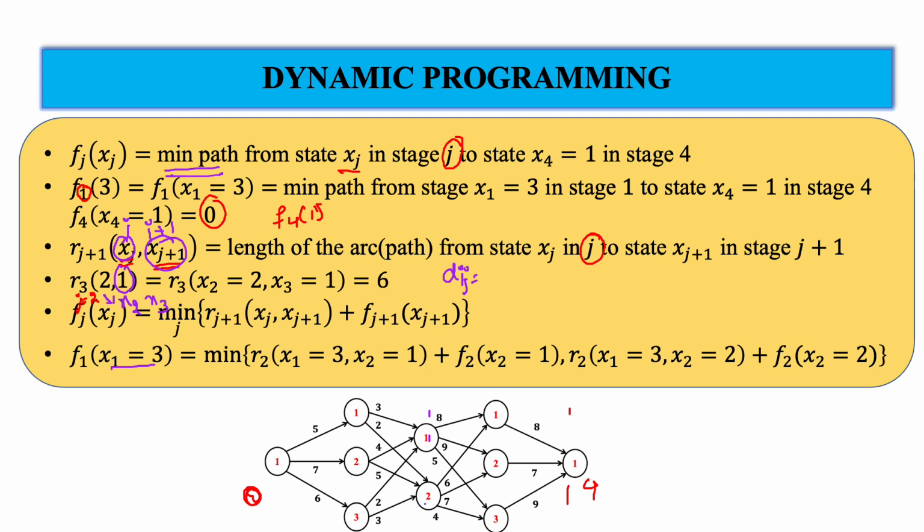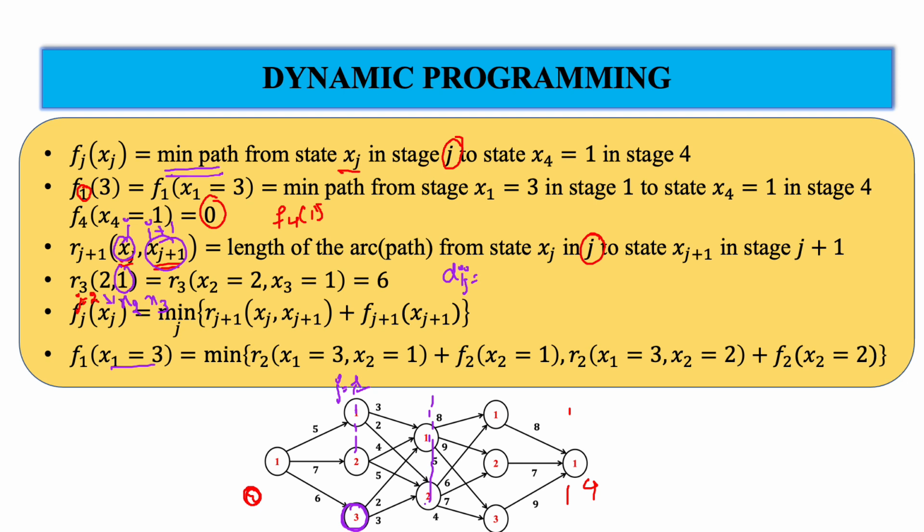So you have to find out the minimum distance from stage, what is the stage value? j is equal to 1. First stage, state value is 3, to the final state. For that you have seen you are having 2 parts again till this stage. So you have to find out the minimum distance from r2.